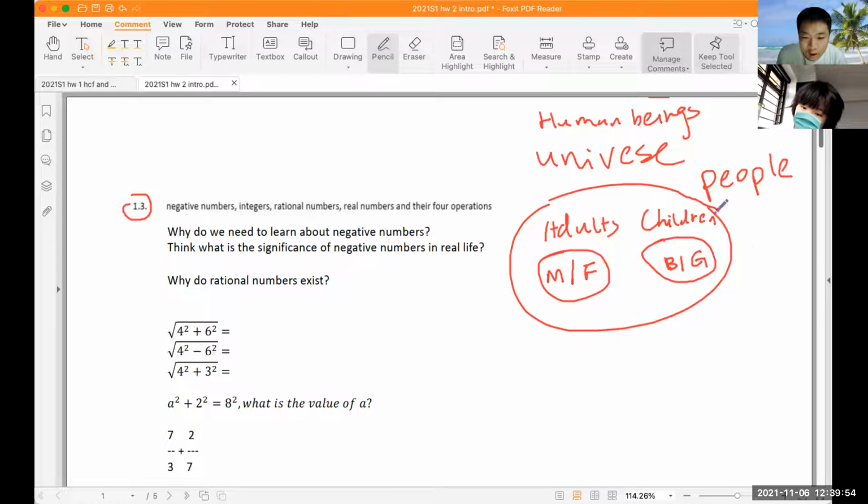If I ask you which category girl falls into, you will tell me girl falls into the children category. Female falls into the adults category. So this is our very simple representation of the human beings universe. Now, given this understanding, we will look at the mathematics universe.